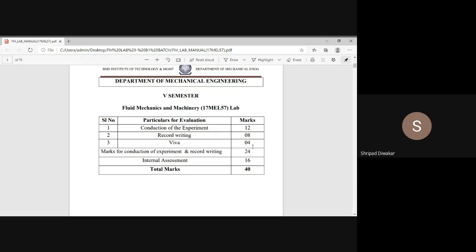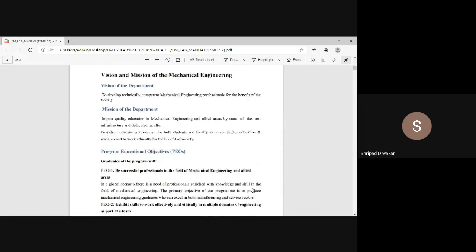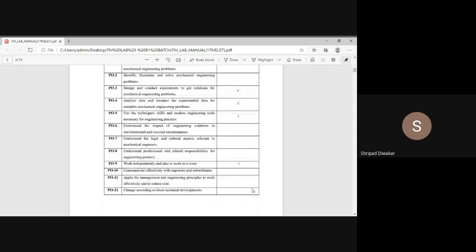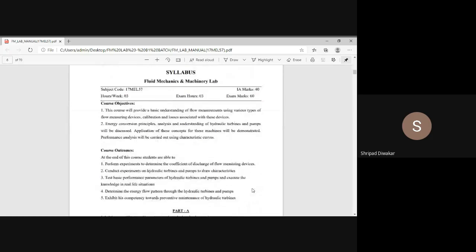So you have to write the procedure, sketch, tabular column, observed readings, then results, etc. That carries 24 marks, and at the end we conduct a lab internal exam that carries 16 marks. So totally you will have 40 marks of internal assessment.